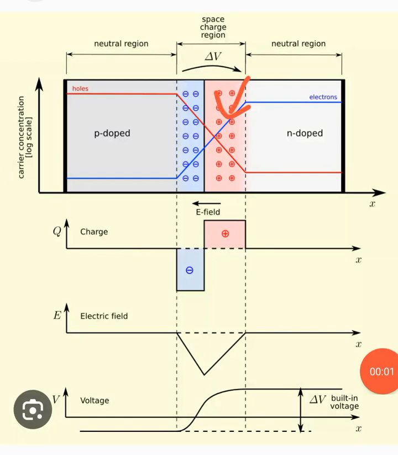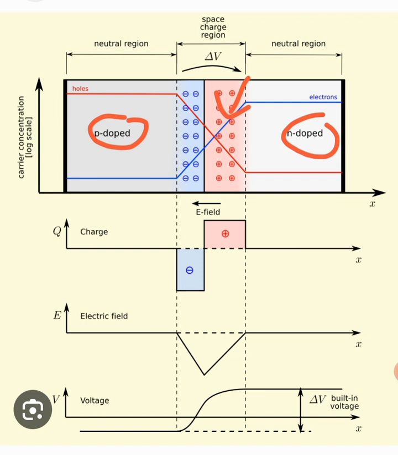Hello. So in this module we try to understand how the PN junction works. So here you see this is a P type of semiconductor, which is called P doped. This region is called N type of semiconductor.